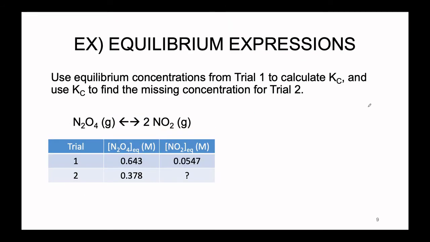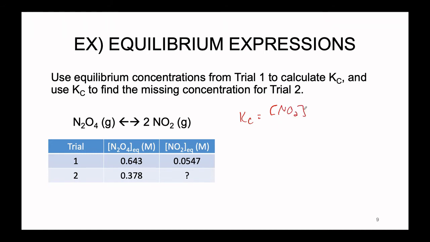Okay, so let's look at this equilibrium expression example. So we have a given reaction here. Again, we're going back to our N2O4 reaction, and it's going to be decomposing into 2 NO2. So this reaction is going to be moving back and forth. So we can use the concept of our equilibrium expression, which we've already written for this reaction, right?